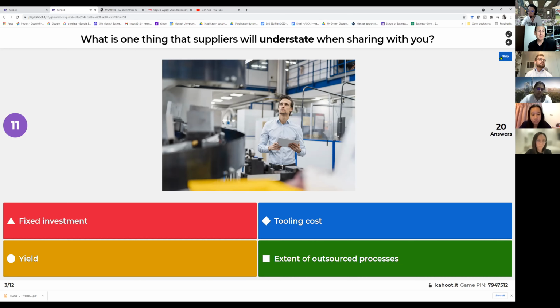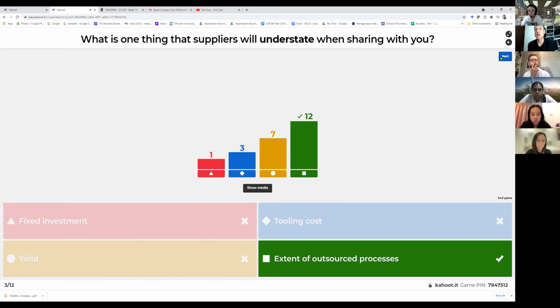Many of these items they will overstate, but there's one item they will understate to make themselves look better. Yes, the extent of outsourced processes, because buyers don't want to be told that the supplier outsources everything. Well, why? What are you doing for me, Mr. Supplier, if you're outsourcing everything? Why don't I just go directly myself? So they're going to understate that, and obviously they're going to overstate the other parts.